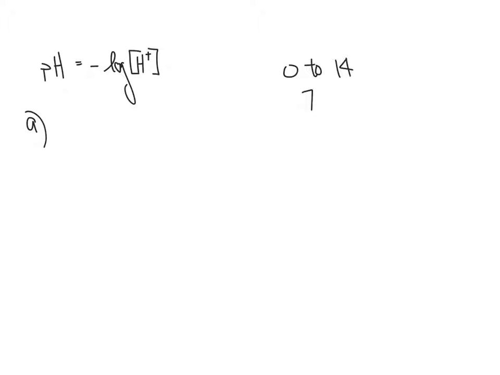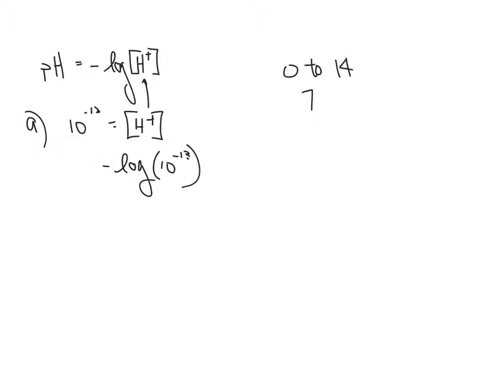Well, we go down there and we look at bleach, and we find out that bleach has a concentration of hydrogen ions of 10 to the negative 13, and that is our number that we put in. So negative log of 10 to the negative 13.